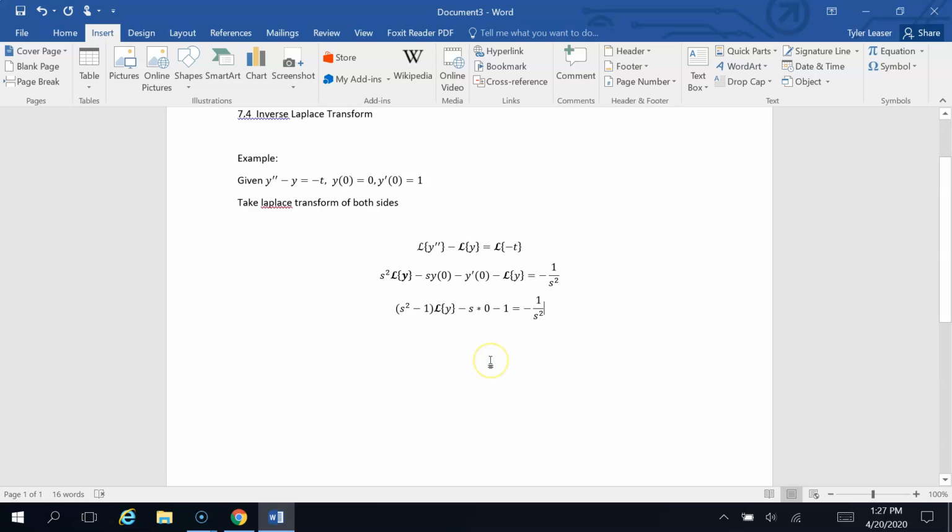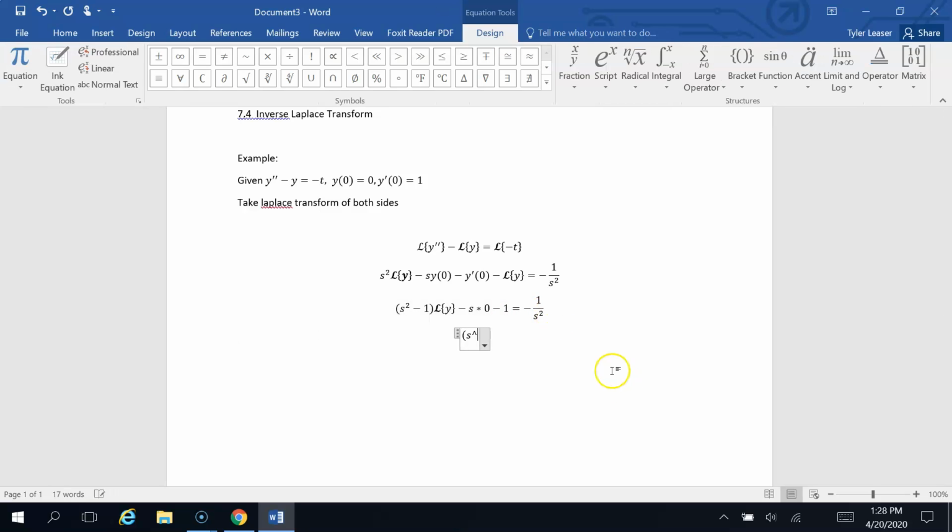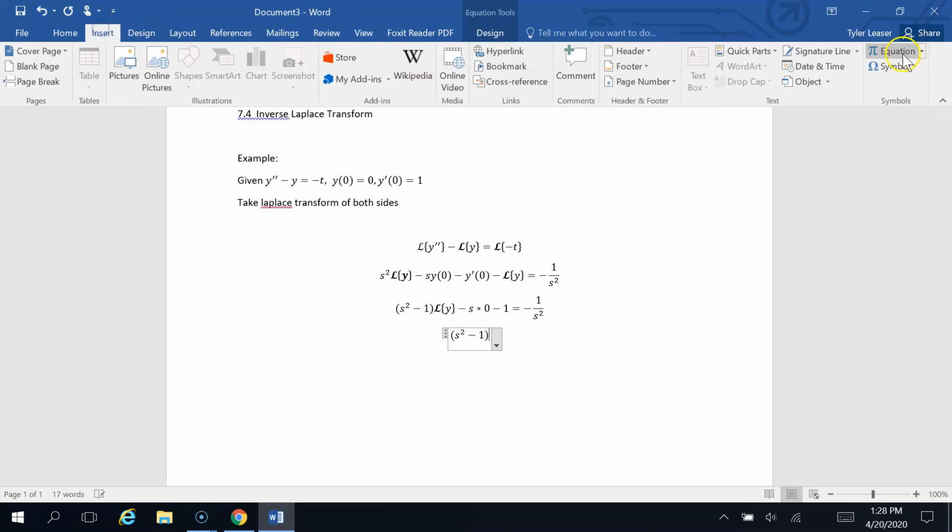Okay, and we can clean this up a little bit more now. So this is, of course, just going to be 0, and then we can add the 1 over. So we still have this s squared minus 1 times the Laplace transform of y, but that's going to be equal to negative 1 over s squared, and we've added the 1.